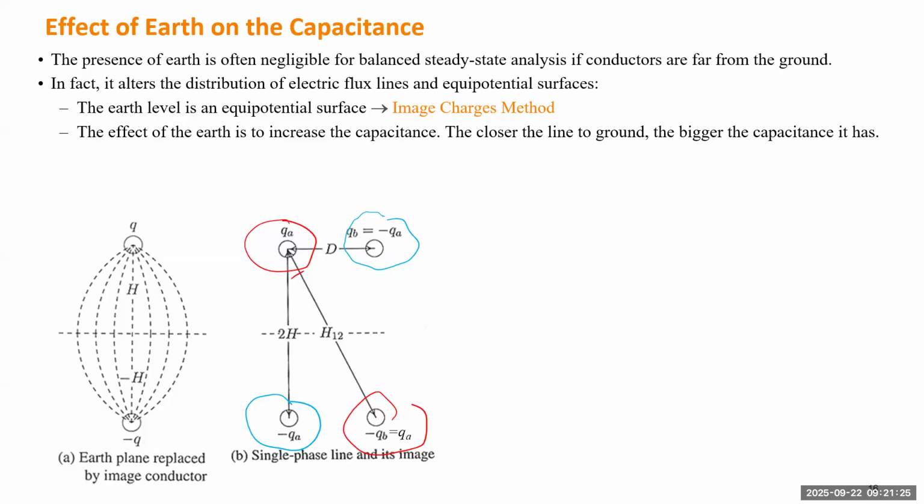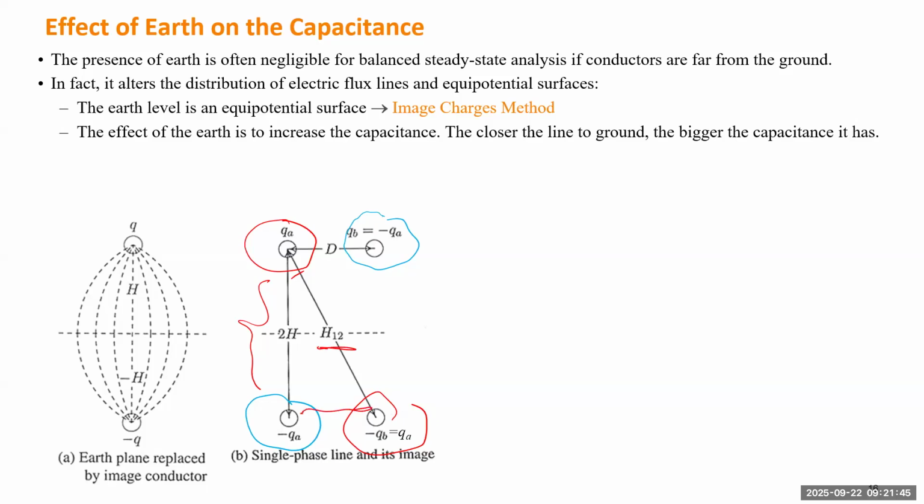And based on the geometry, you can know this distance is double h. If you measure how high the conductor is from the ground, this side will be 2h, and the diagonal we just call h12. So there's a triangle.